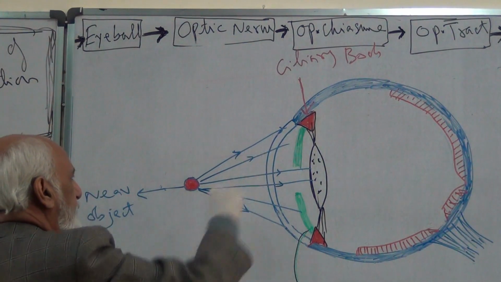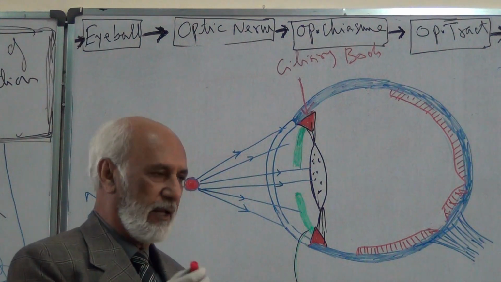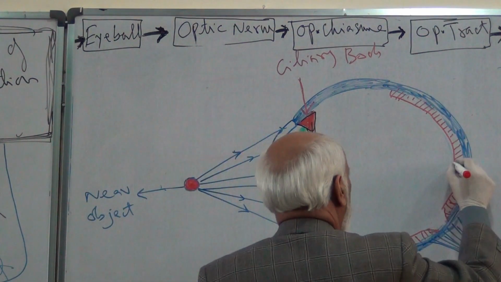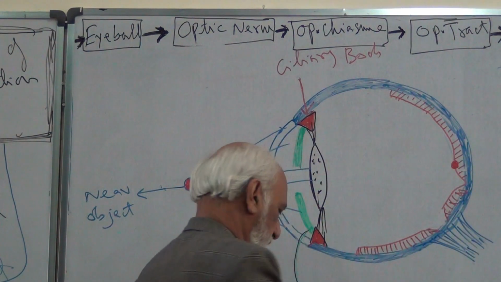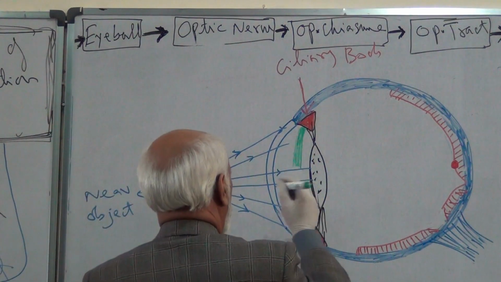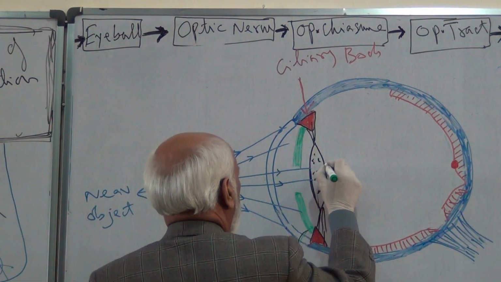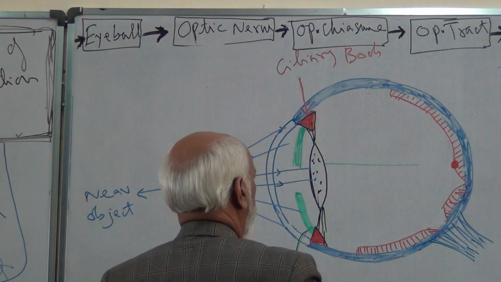Now these divergent rays have to be focused at one point on the retina so that an inverted image is formed. The image of the near object should be clear. So what happens? These divergent rays are focused on one point on the retina.